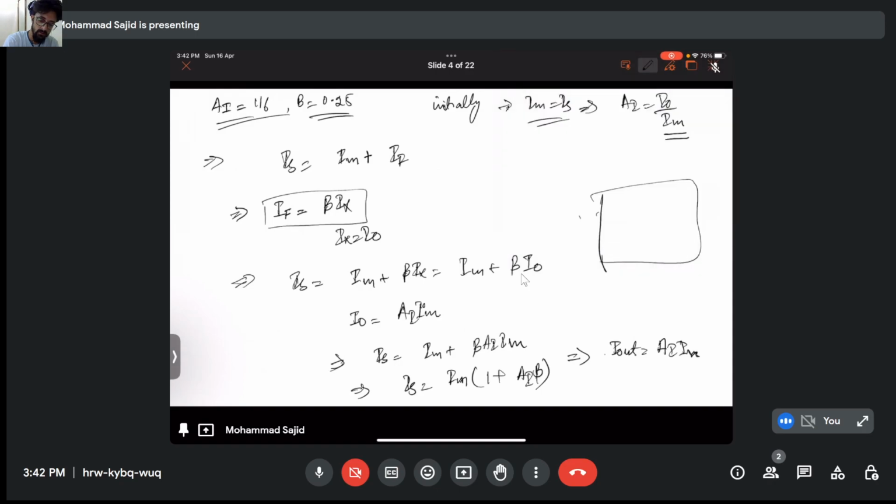If I write it here, my In is equivalent to Is divided by 1 plus AI beta.